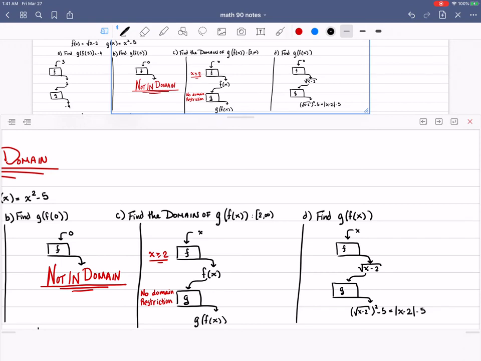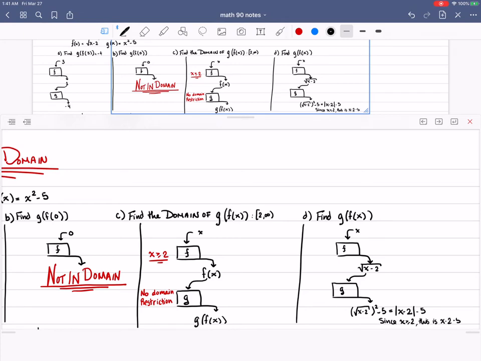Now, if you add to that the fact that the domain is all real numbers greater than or equal to 2, meaning X would have never come out of this if X minus 2 were negative, what we see here is since X is greater than or equal to 2, this is just X minus 2 minus 5.